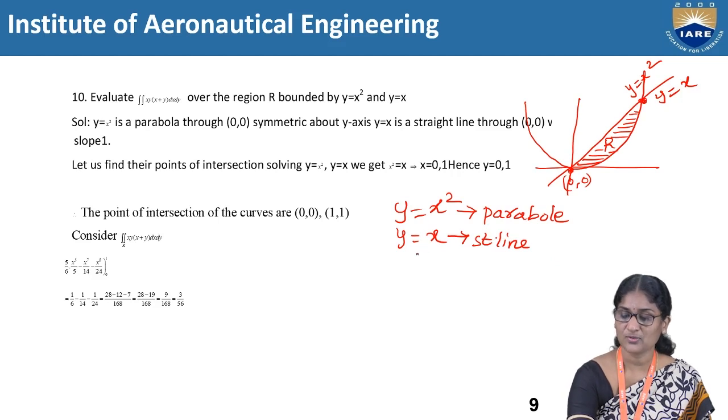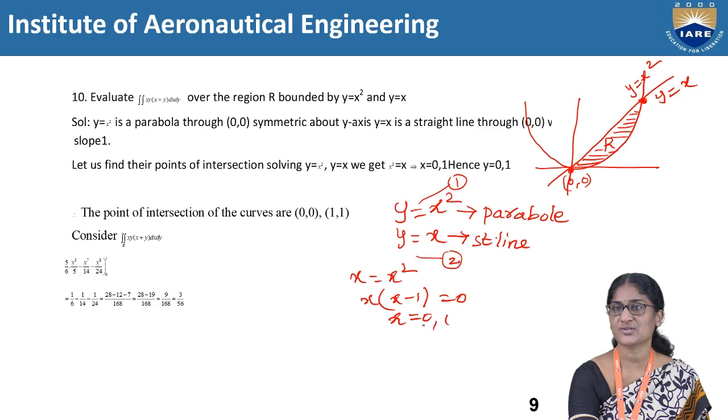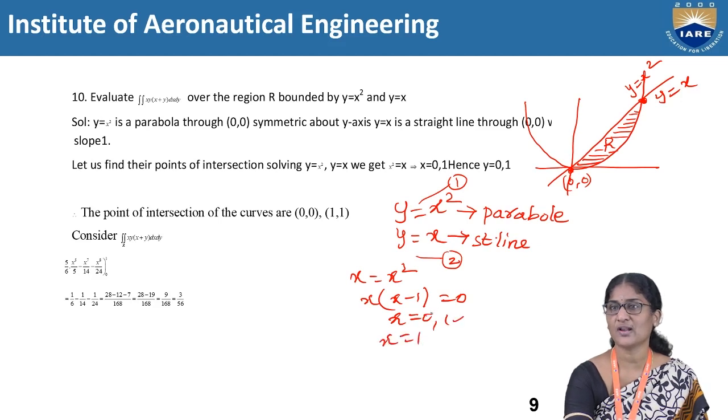Assume y = x² as the first equation and y = x as the second equation. From the second equation, substitute y = x in the first equation. So x = x². Taking x common, x(x - 1) = 0, so x = 0 or 1. I got the two points of intersection. 0 is already there, so I'll worry about 1. If x = 1, what about the y value? y is also equal to 1.